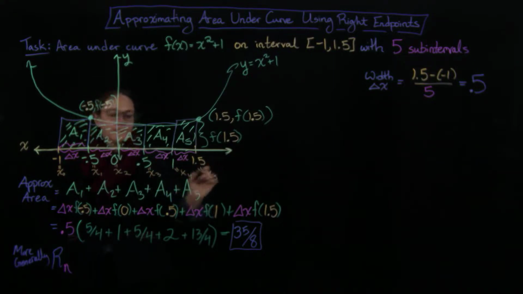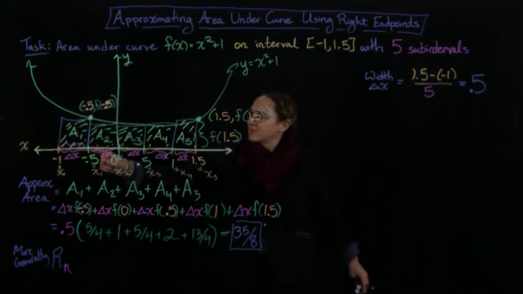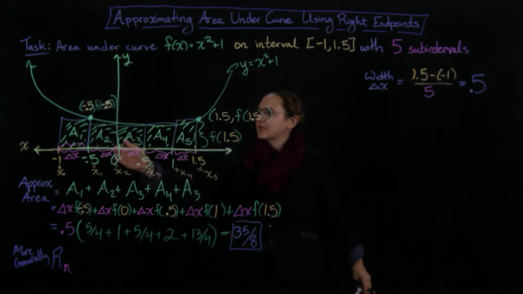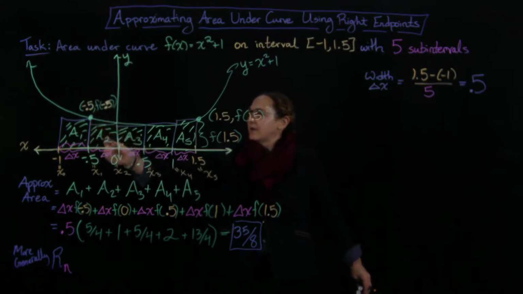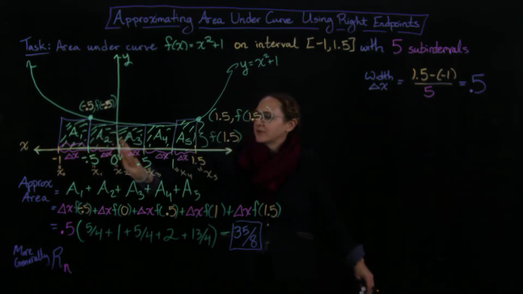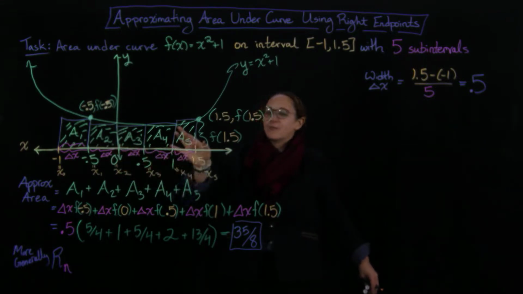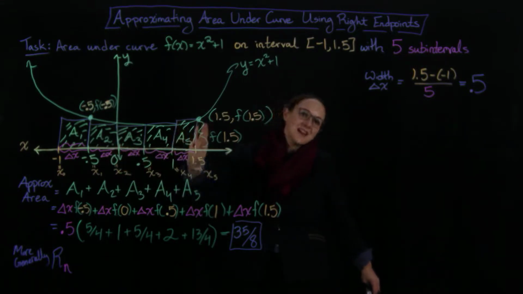So you can see, instead of starting with x0, we actually start with x1, and we go all the way, because we're looking at the right endpoints. The right endpoint of the first interval, right, is at x1. The right endpoint of the second interval is at x2. The right endpoint of the third interval is at x3. The right endpoint of the nth interval is at xn.